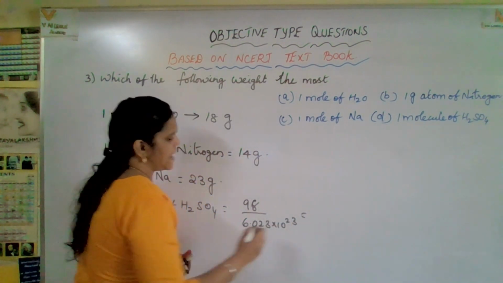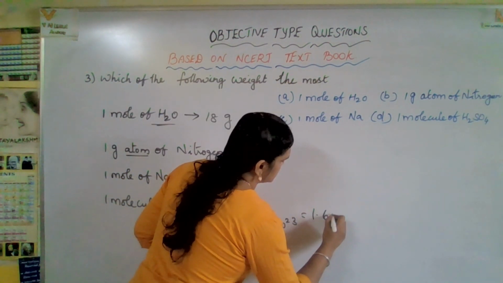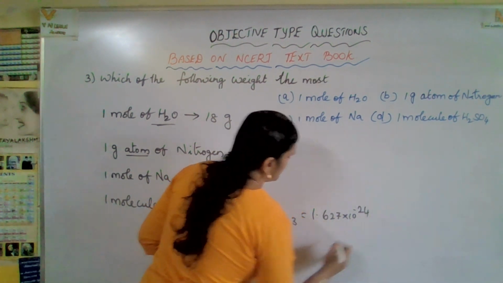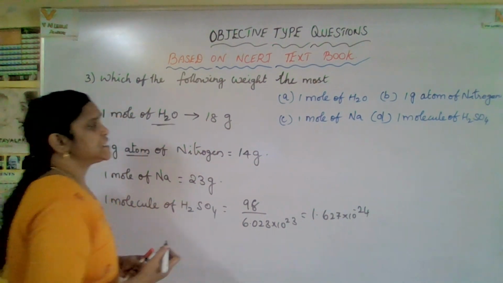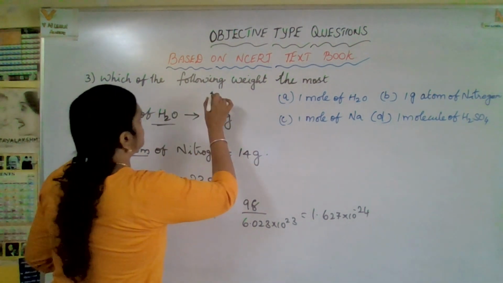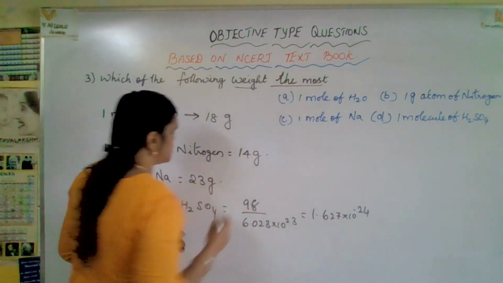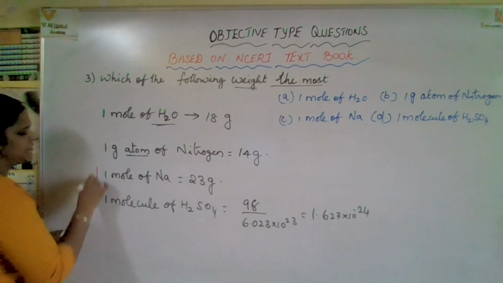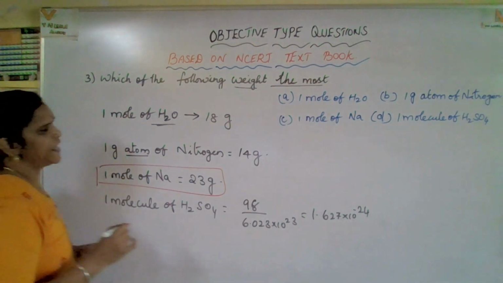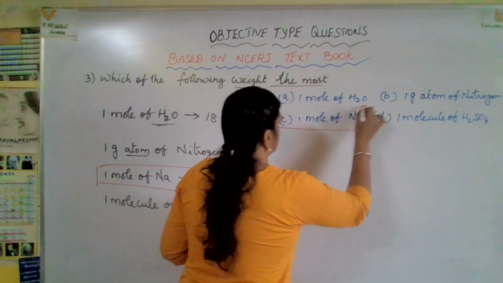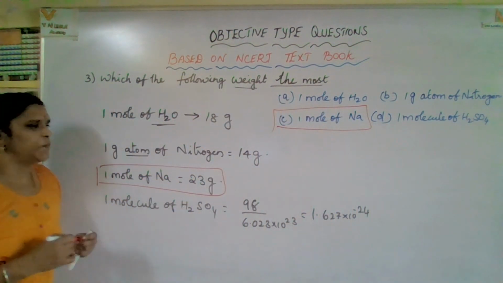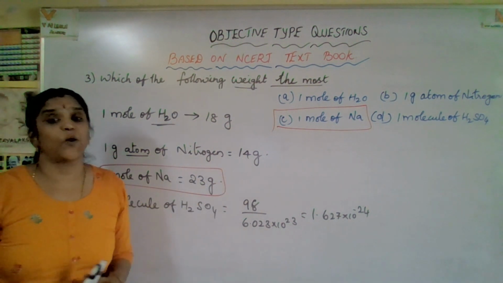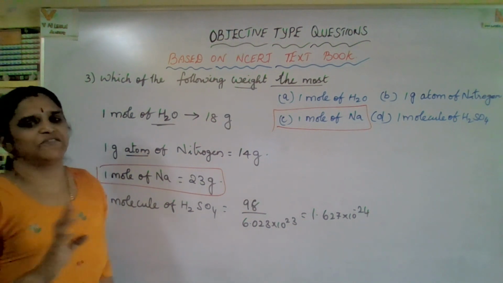So you will get the answer 1.627 into 10 to the power of minus 24. Right. So which is the most, which weighs the most, which is that? Naturally, your eye will fall on where? Sodium. Yes, this is the correct option. Hope you got a clear idea. See, these are all very simple and very important questions. Logic you have to use. That's all.